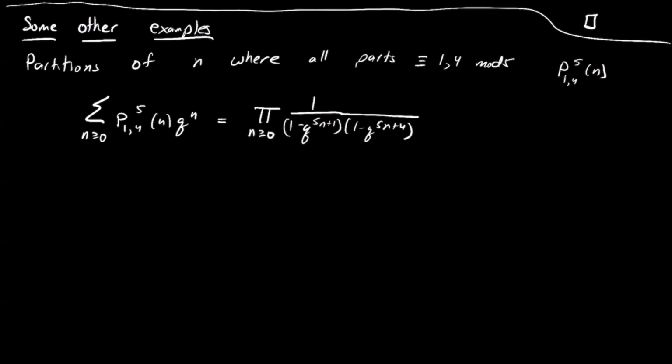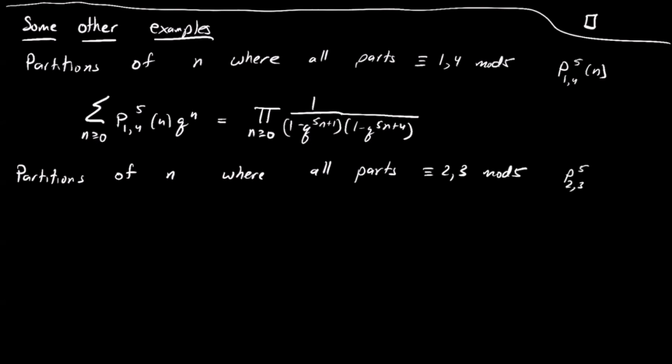The other type of partition we'll be interested in when we study the Rogers-Ramanujan identities are partitions of n where all parts are congruent to 2 or 3 mod 5. So this is P2, 3, 5 of n. Again, non-standard notation. We're just using it for the sake of this video.